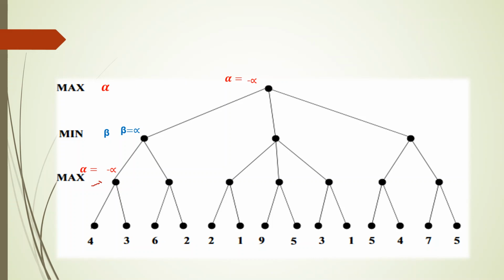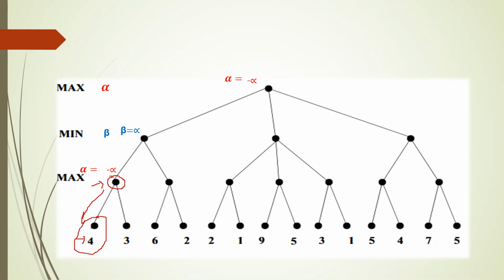This node belongs to max, and the value of max is minus infinity. Now the player max will look down towards this node and look at the value of this node, and it will compare the value with minus infinity. So minus infinity is less than 4, and player max tries to get the maximum number on the board, so it will adopt value 4.